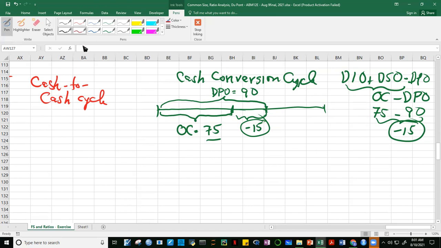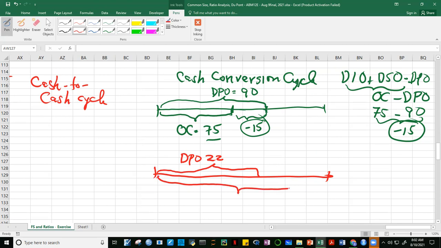Okay, compare that with how we are performing. Ano yung days payable outstanding natin? 22, di ba? Ito yung DPO natin. Tapos ano yung operating cycle natin? Our operating cycle is 134. Okay, sorry for the disproportionate plotting of this.